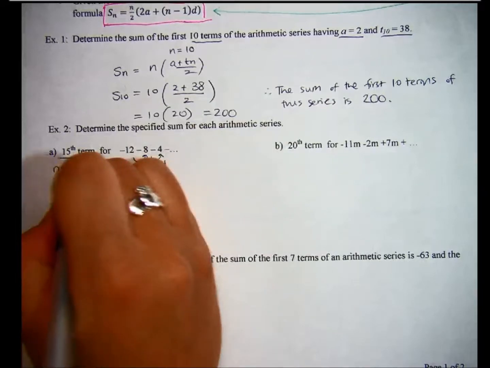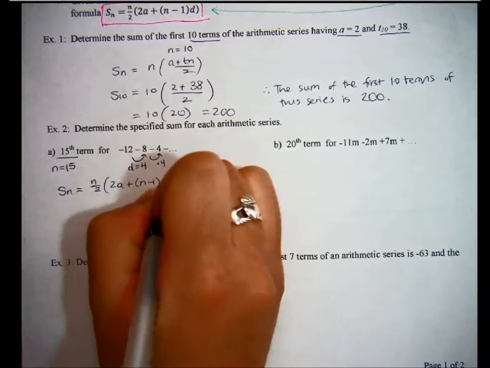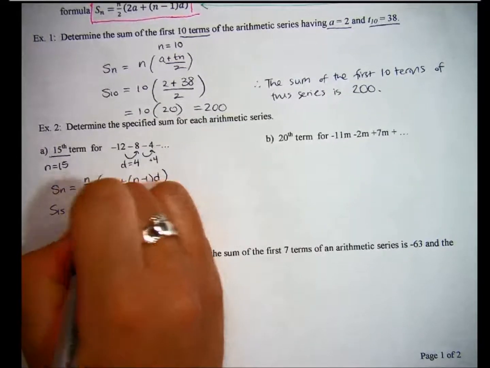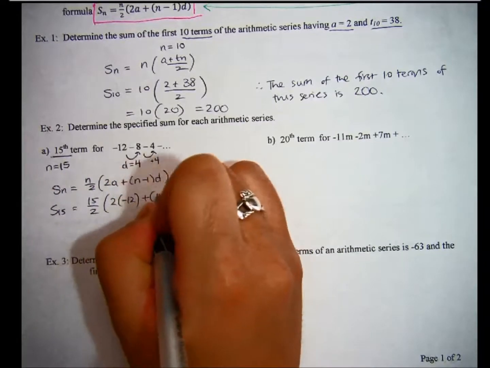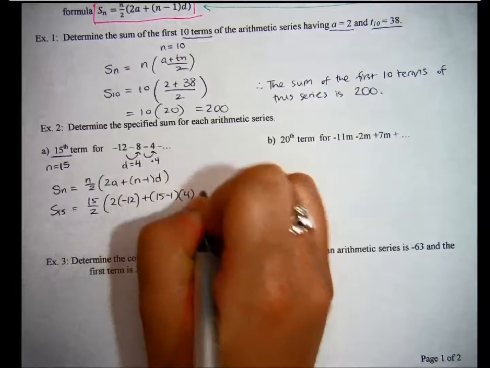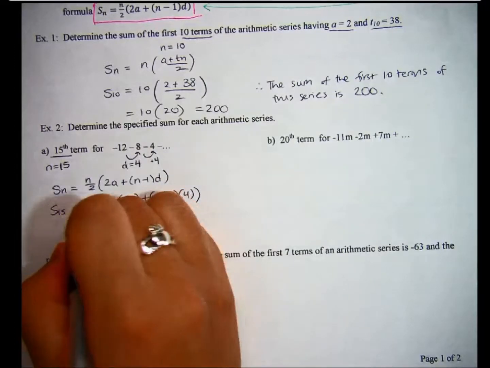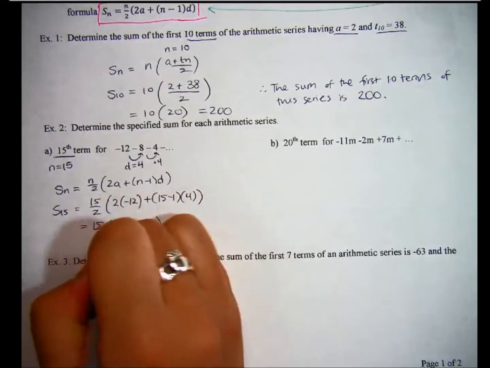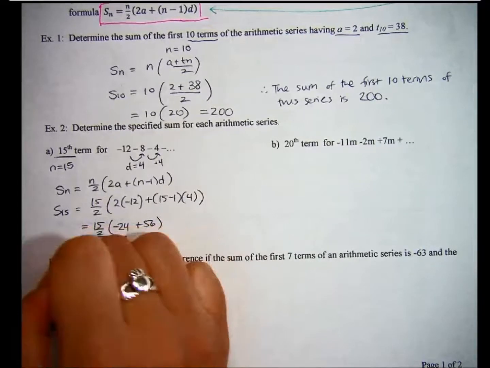So I'm going to use the second version of the arithmetic series formula. I'm going to plug in 15 for n, negative 12 for a, and 4 for d. Simplify, and you should end up getting 240 for the sum of the first 15 terms.